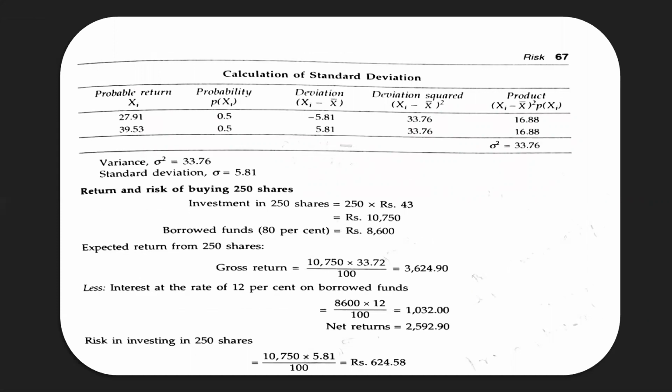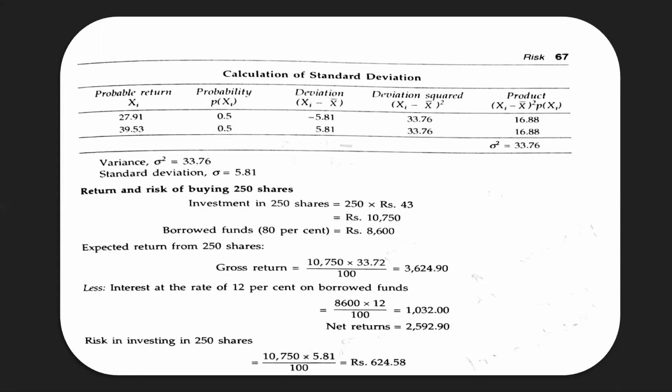So 8,600 into 12% is 1,032. So when you get a return of 3,624, you have to pay interest of 1,032. So the remaining return for the investment is 2,592.90, your actual return from that investment.